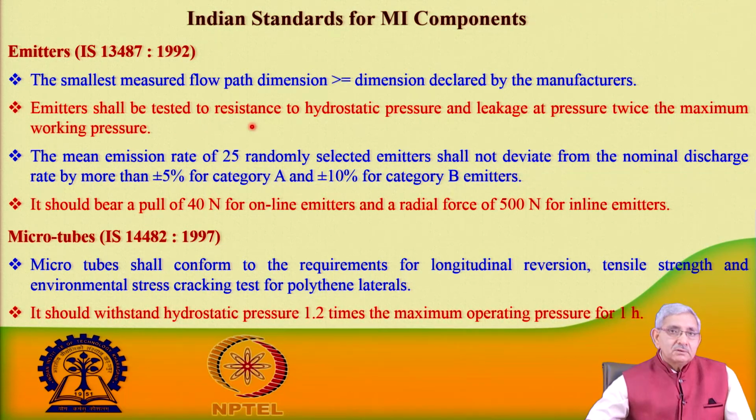So, emitters shall be tested to resistance to hydraulic pressure and leakage at pressure twice the maximum working pressure. Mean emission rate of 25 randomly selected emitters shall not deviate from nominal discharge rate, and that should be within not more than 5% for the category A, and plus minus 10% for the category B. So, these are the two ranges which have been given.